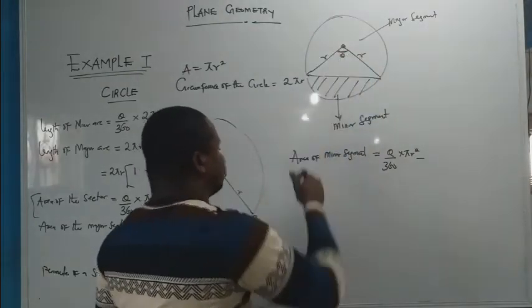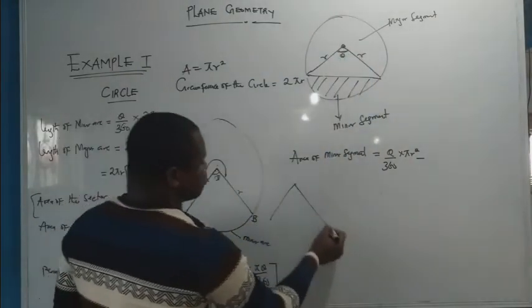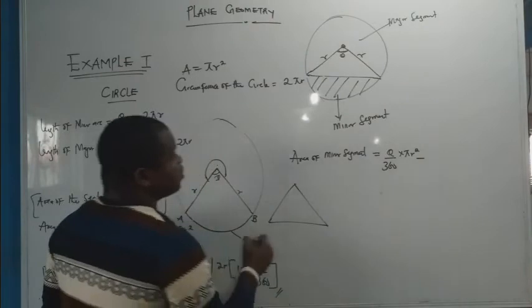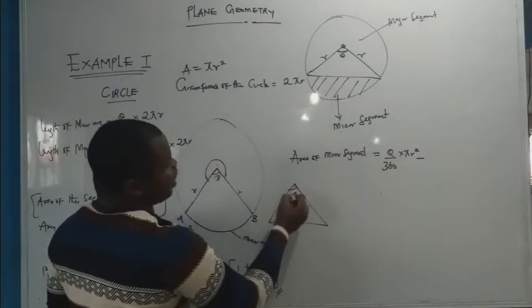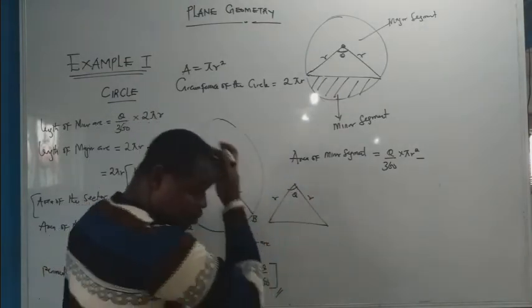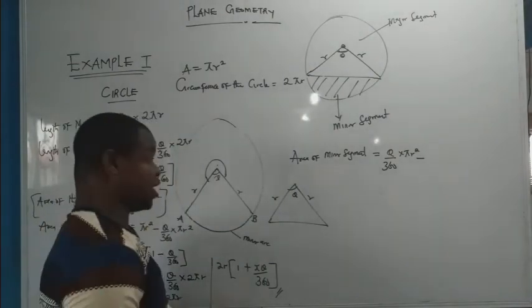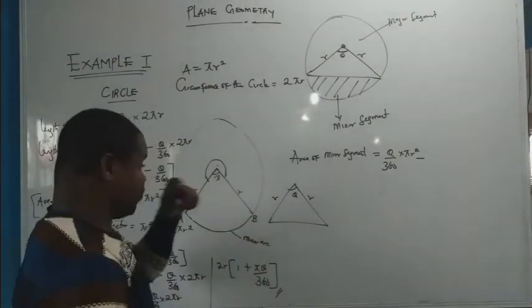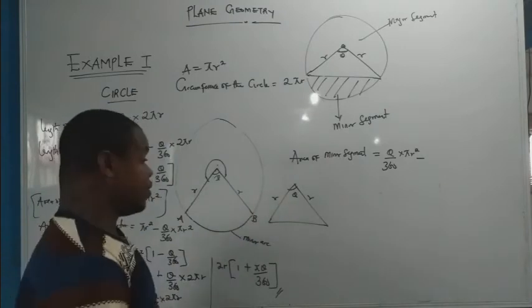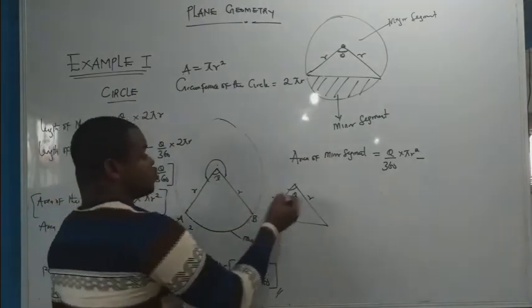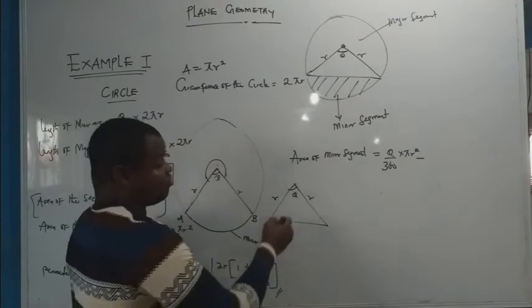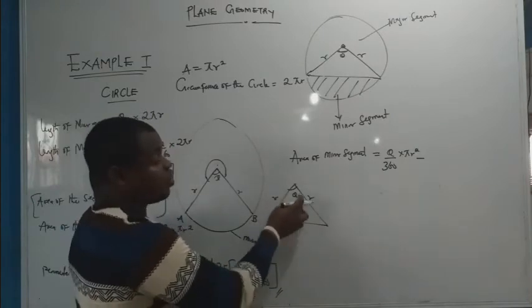Look at the triangle now. It's somewhat like this. So we have theta. Remember from the previous section, I told you that if you have a triangle like this, to calculate the area, you take half times the two sides, then sine of the angle in between them.